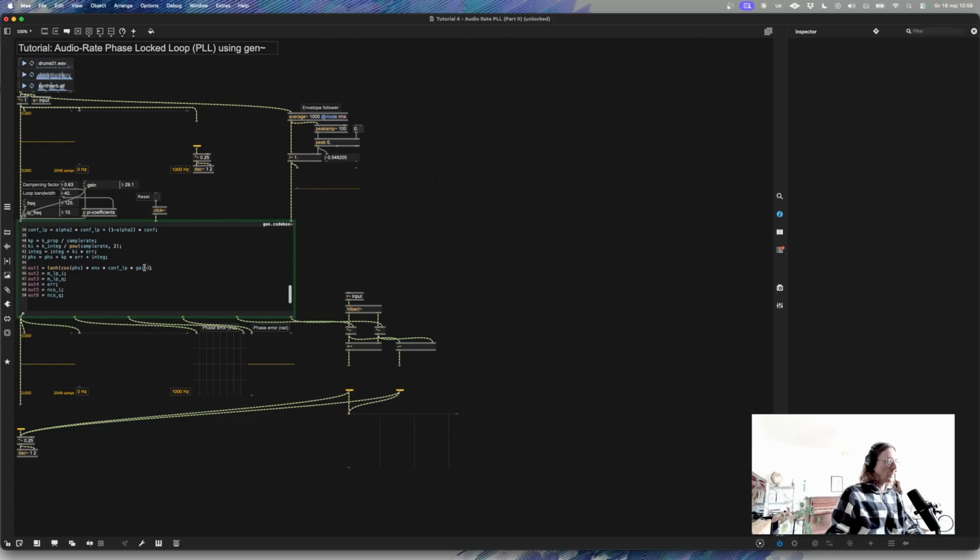And then we can add a multiplication here with yet another gain factor, which we can maybe call saturation, or actually it's fine to just scale the gain here. So maybe skip this.